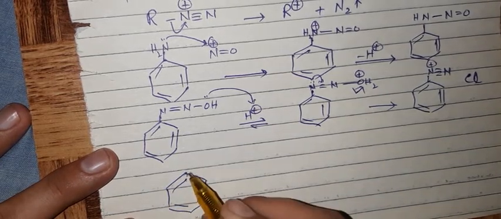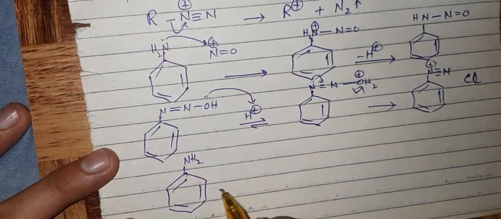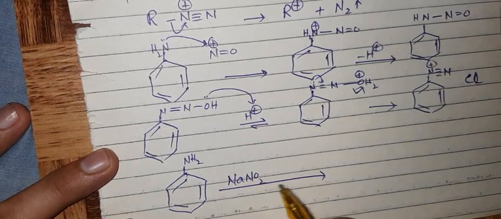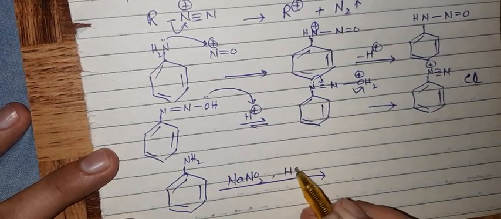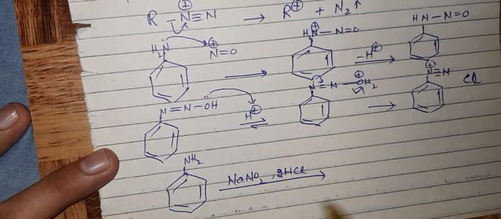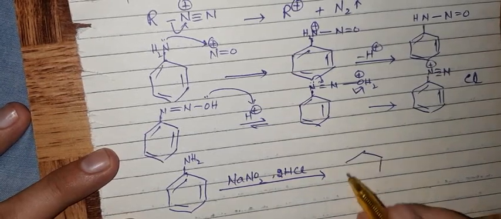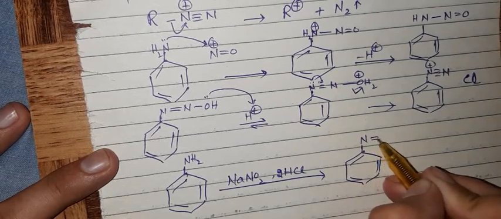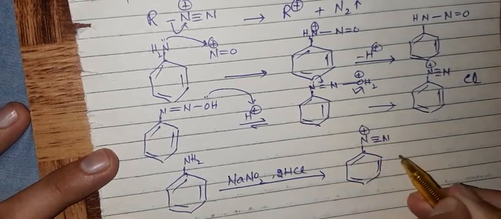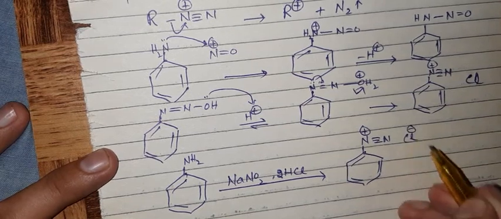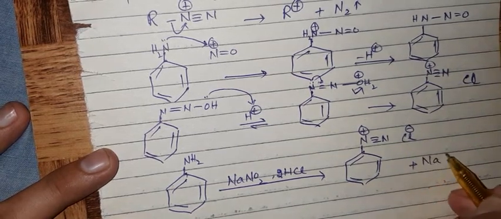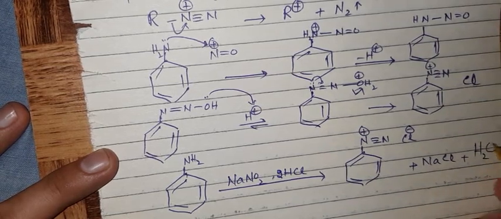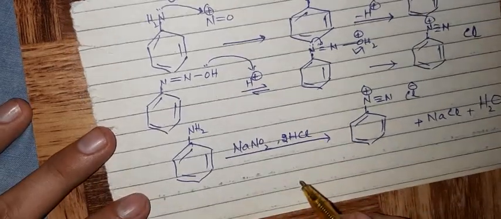If we have aniline, NH2, and we use sodium nitrite in the presence of mineral acid, 2 equivalents of HCl, we will get our diazonium salt, with N triple bond N plus and Cl minus, plus sodium chloride, our byproduct, and a water molecule. Thanks.